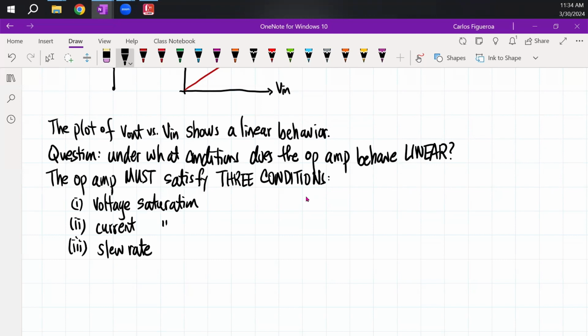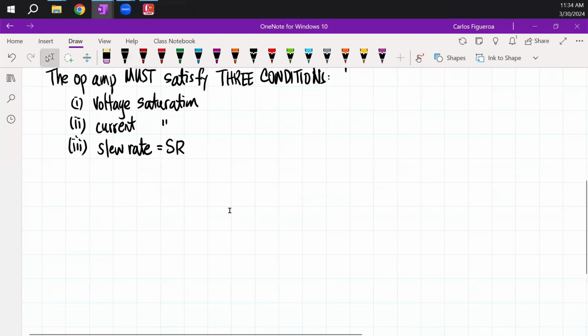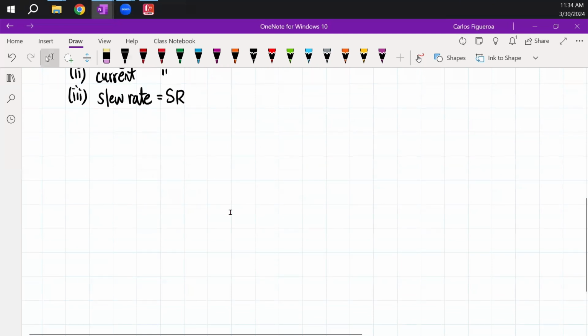And a lot of the times the slew rate is labeled SR. So we want to look at each of these individual things to get a sense of what happens. So the first one I want to talk about is voltage saturation.